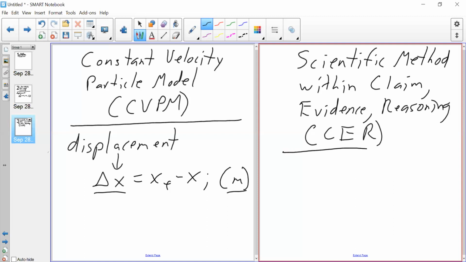So this is what we've done so far. Observation: what did we see? What could we measure? What are the relationships between something like position and time? We've already established that they are directly related, where the position is the dependent variable on the y-axis and time is the independent variable on the x-axis.